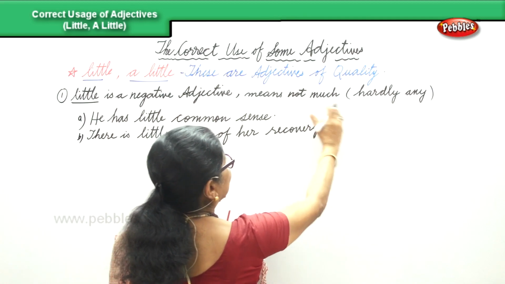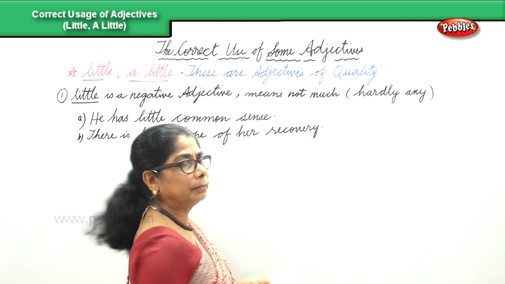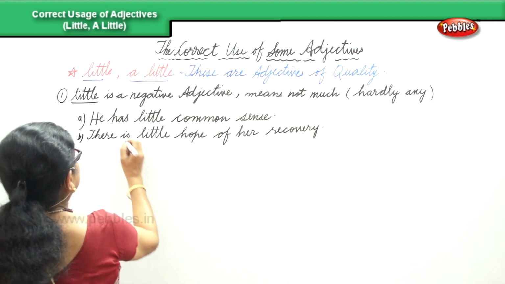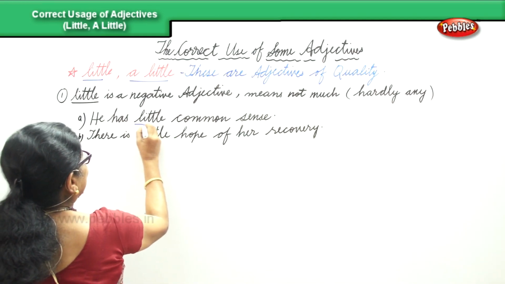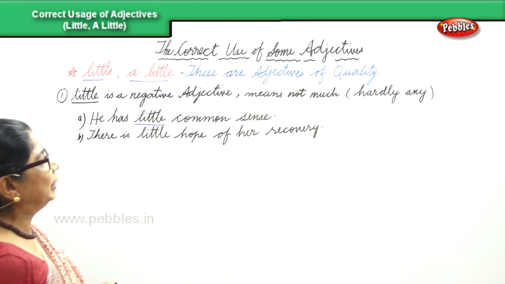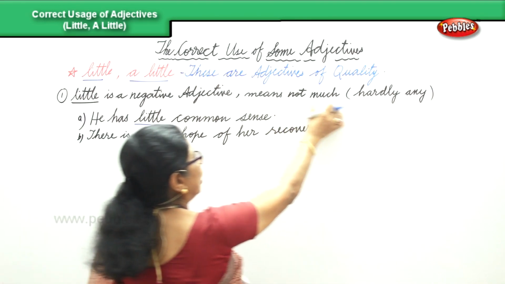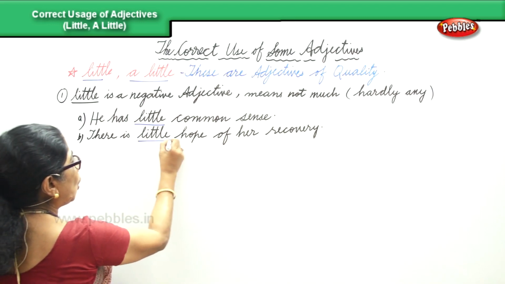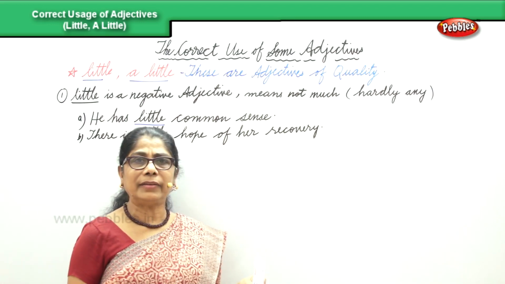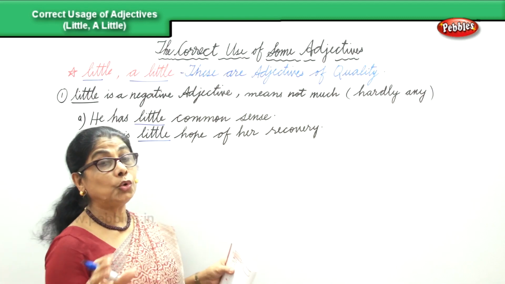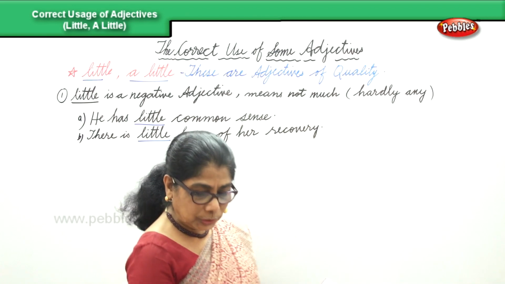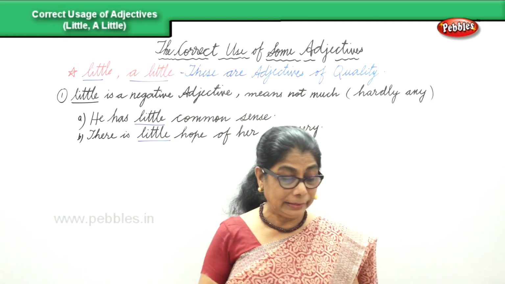That means not much, hardly any hope, may not recover. That's what we mean. So, when we say he had little common sense, means not much common sense, hardly any. There is little hope of her recovery. There is not much hope, hardly any, anything can happen. So that's what we mean here, little.